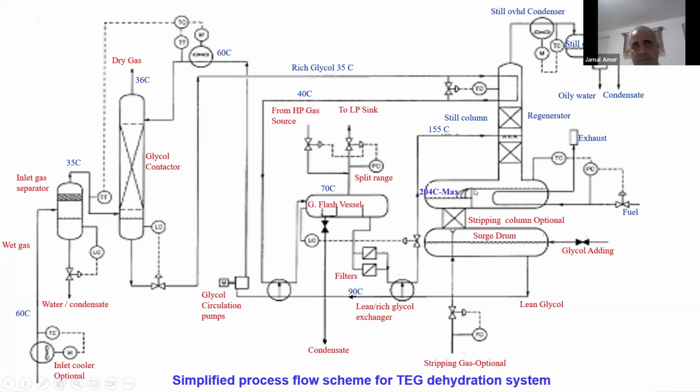The set point mostly will be between 195 to 198 Celsius, because 204 Celsius is the maximum that will cause decomposition of glycol, and once we reach this temperature, the glycol will lose its properties to absorb water.